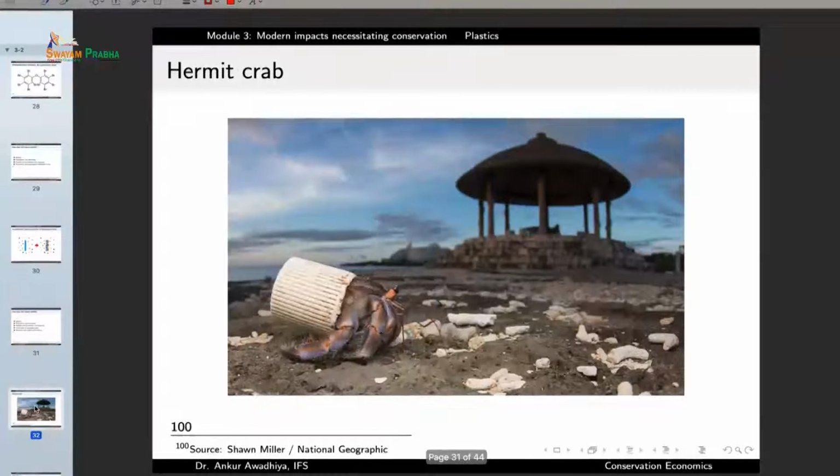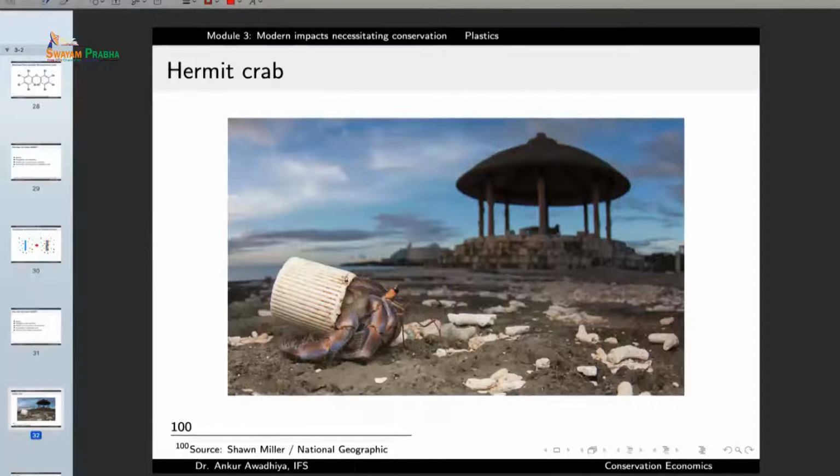For instance, this is a crab that lives on the beaches, and we have seen before that as much as 15% of the plastics get washed to the beaches. So now the habitat of this hermit crab is having plastics. Earlier, these hermit crabs did not ever observe a plastic, but now their habitats have these plastic pieces.